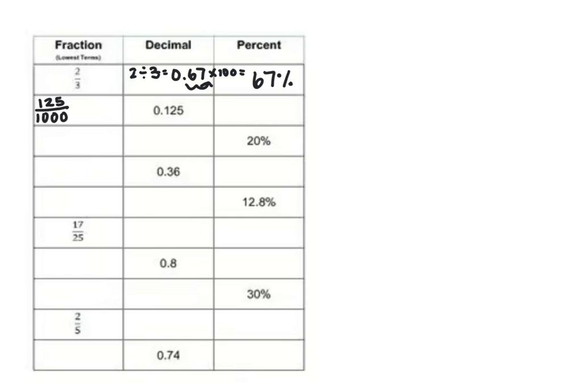Now, that can be simplified. So if you go on your calculator and hit your fraction button and put that in, now this only works if you have the TI 34. So if you don't, then you may want to look on with a partner that maybe has that calculator.